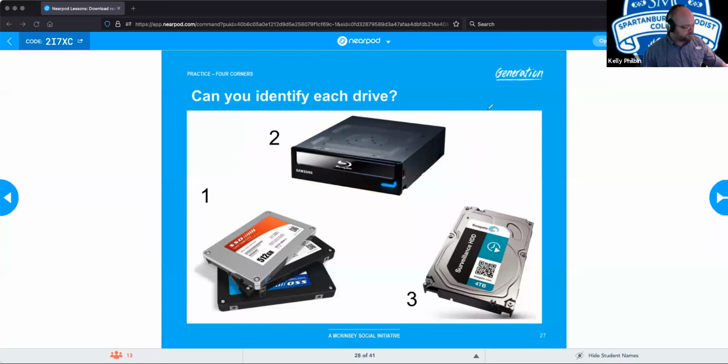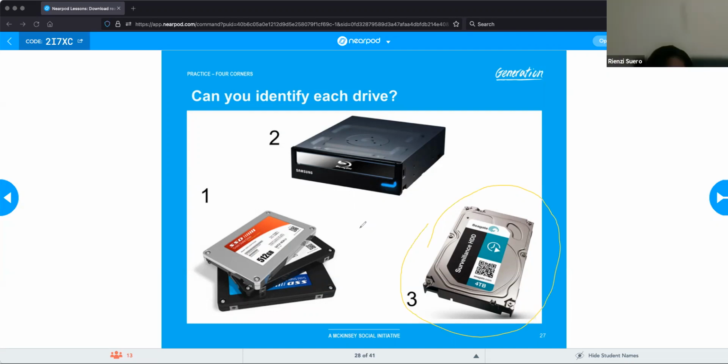Number 3. Renzi. Right here. Is it a SCSI? I don't know. A hard drive. Another kind of hard drive. It is a hard drive.